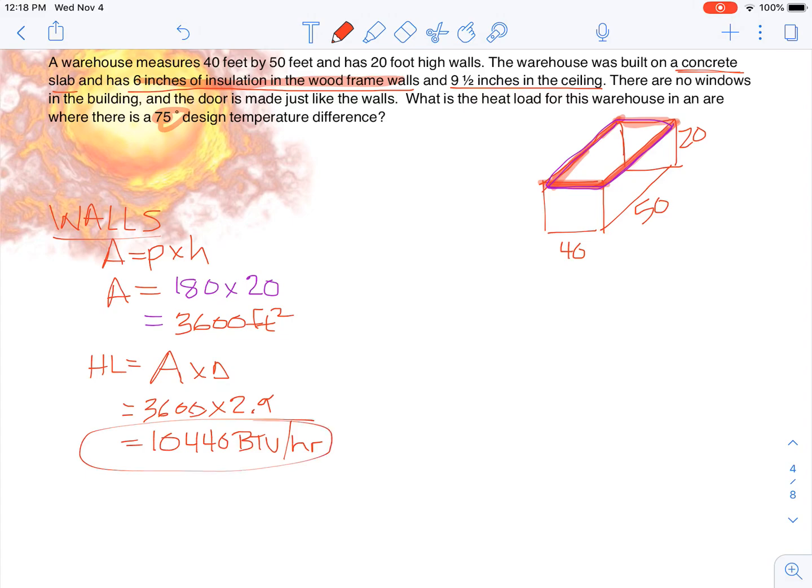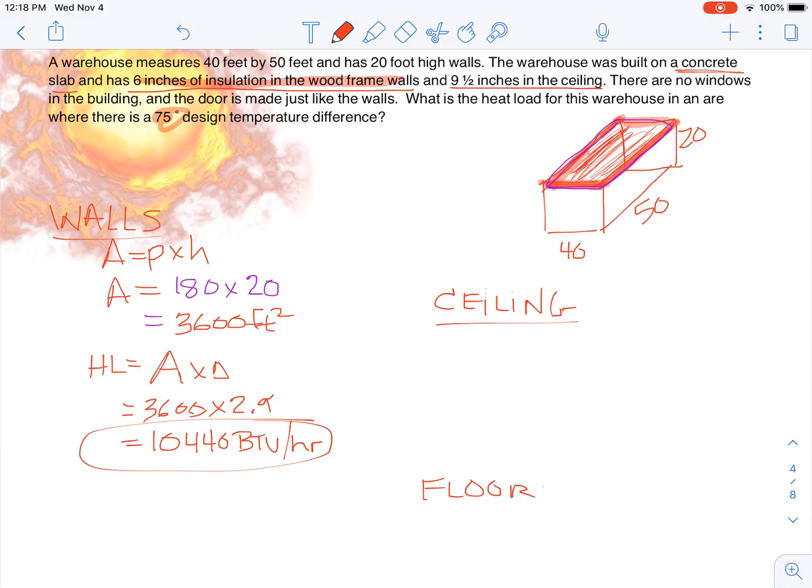Just through the walls. So we have to talk about the ceiling, and the floor, right? So the ceiling is just this piece up on the top.